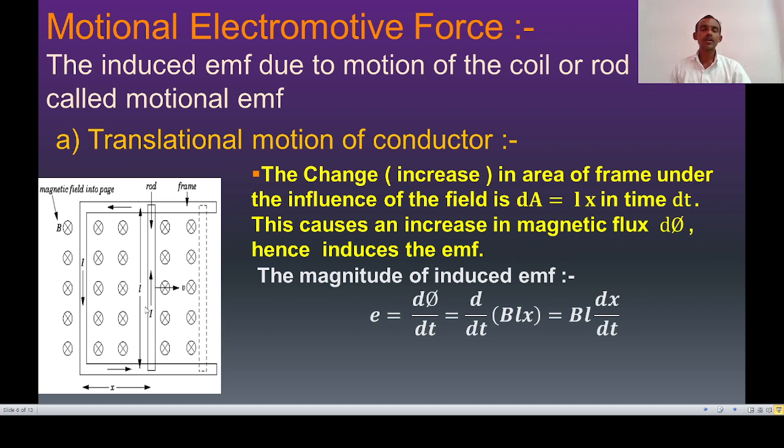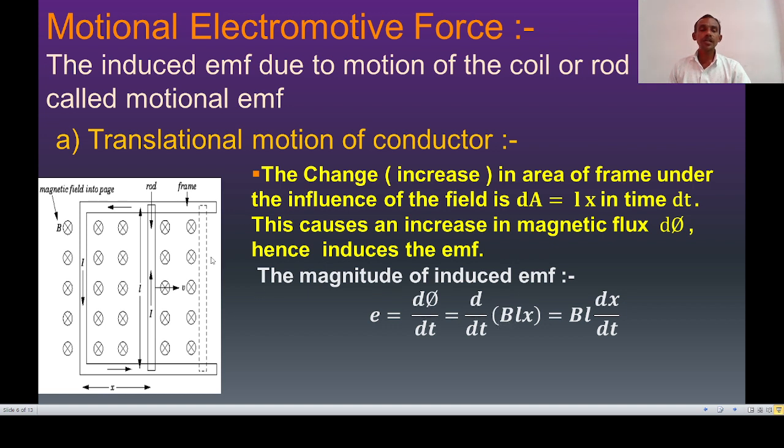We know that according to Faraday's law, E is equal to dΦ by dt, where Φ is here B into Lx, Lx being the area. Therefore E is equal to d by dt of B into L into x. Here B is the magnitude of the magnetic field, which is constant because it is a uniform magnetic field.